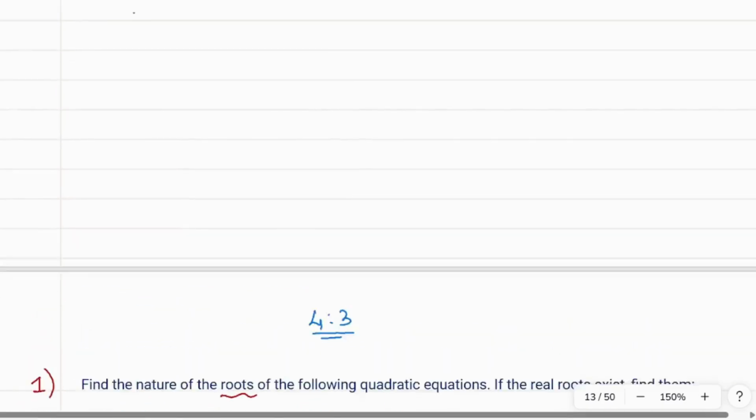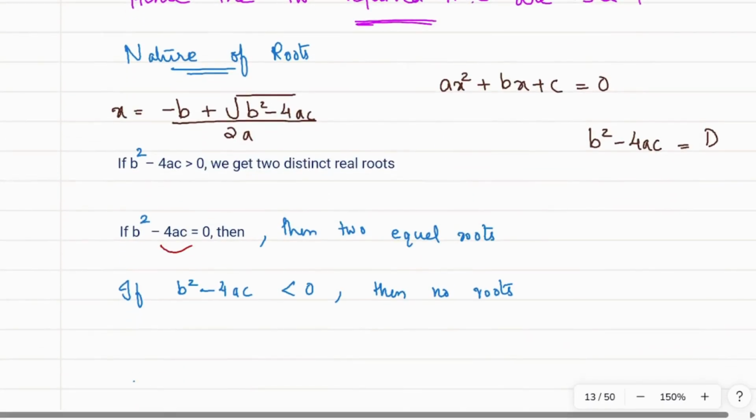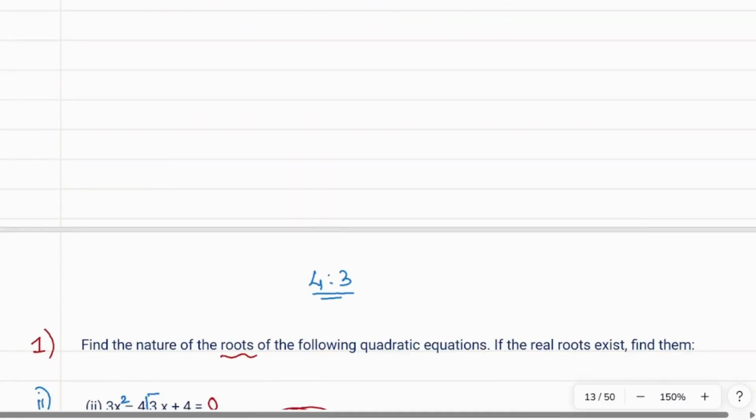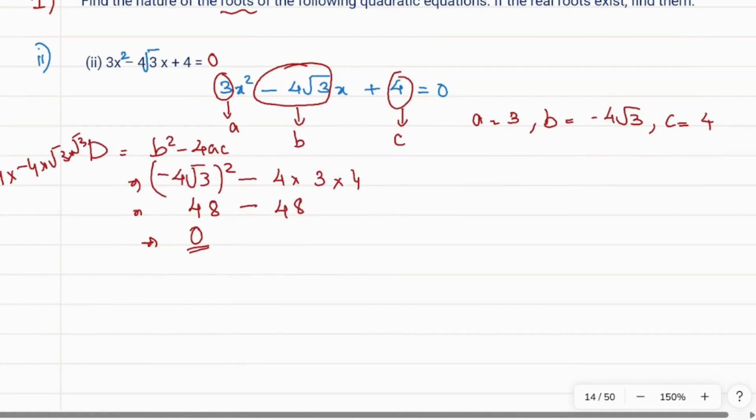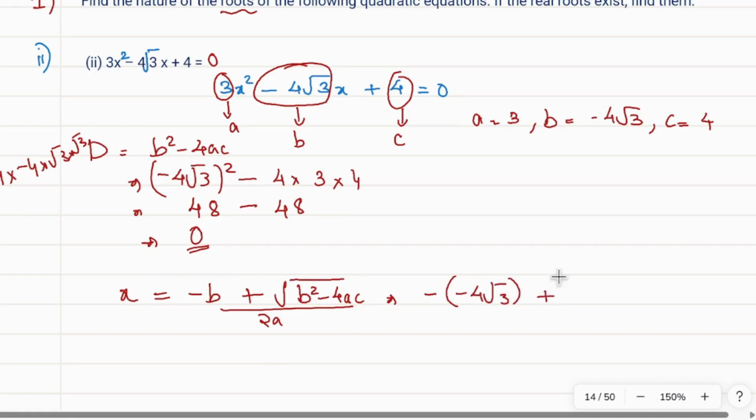If the value is equal to 0, then we will get two equal roots. That means our roots will be the same. Therefore, x equal to minus b plus or minus root of b square minus 4ac divided by 2a. Substituting, minus b is minus of minus 4 root 3, plus root of b square minus 4ac which is 0, divided by 2 into a equal to 3.